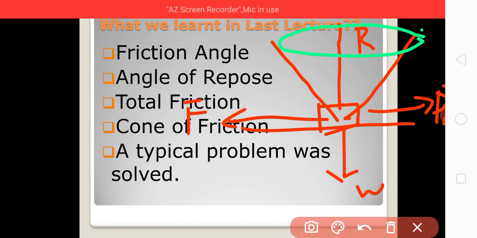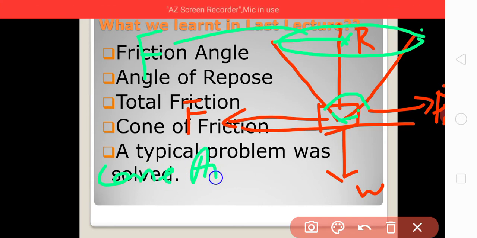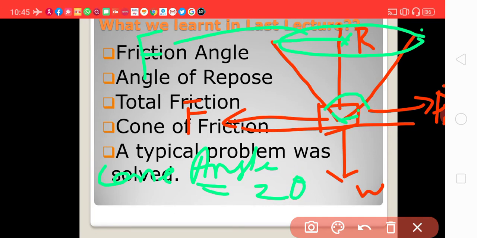And you will notice that this is equal to F, and this cone which is generated at the center of gravity of the block will make an angle equal to 2 theta. The cone angle, the apex angle of the cone, will be 2 theta.